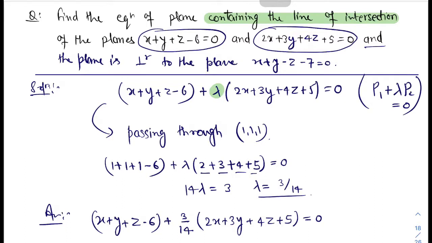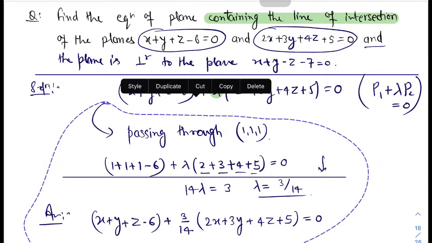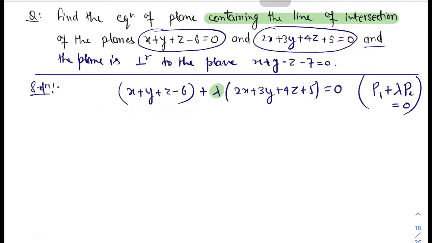What will we do? For calculating this lambda, we will use this thing, that the required plane must be perpendicular to this given plane. So the normal vectors will also be perpendicular.